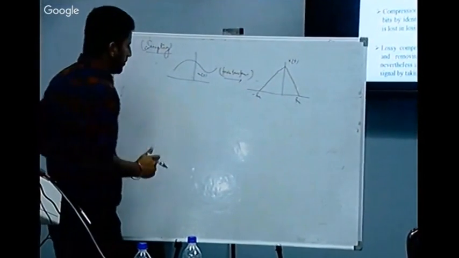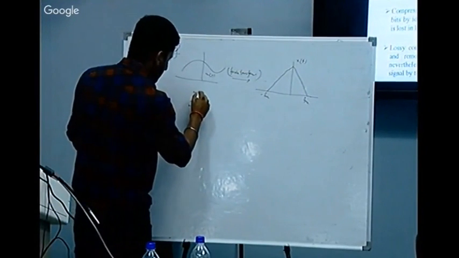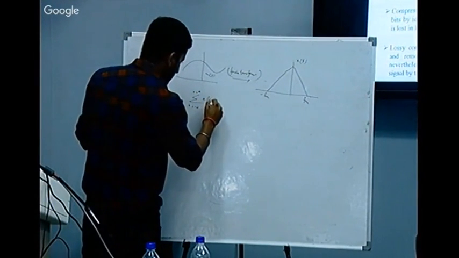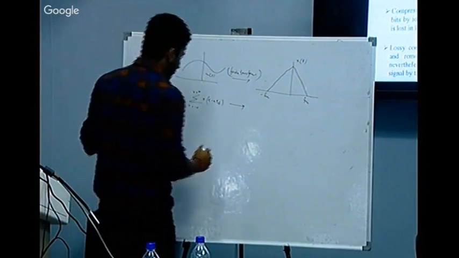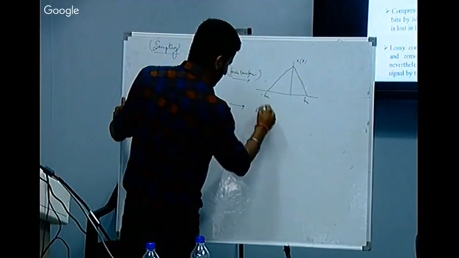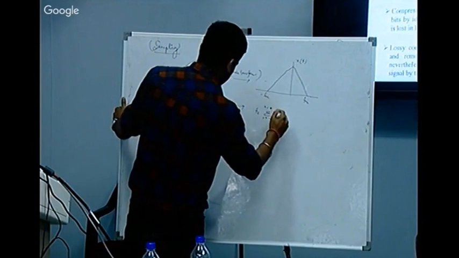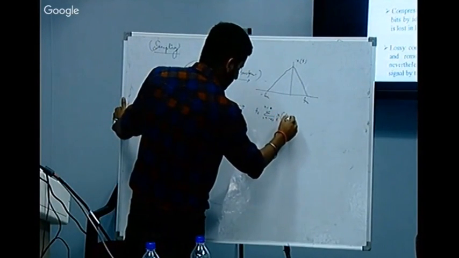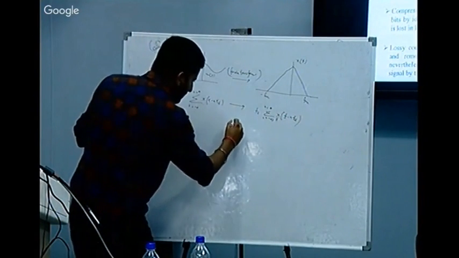So let's say I have an impulse train signal like this, and after taking its Fourier transform, it will be like this.